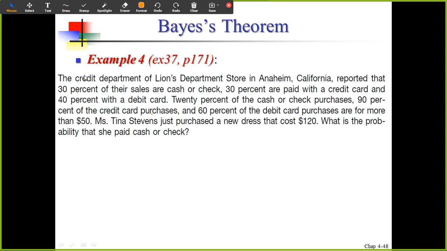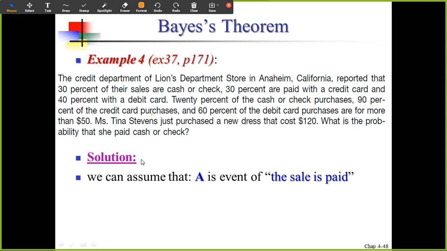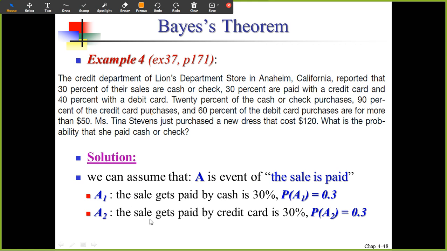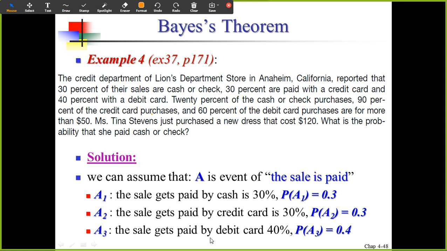Okay, so we can go to the solution. We can assume that A is the event of a sale being paid. A1 is a sale paid by cash, 30%. A2 is a sale paid by credit card, 30%. A3 is a sale paid by debit card, 40%. This is what we call prior probability.